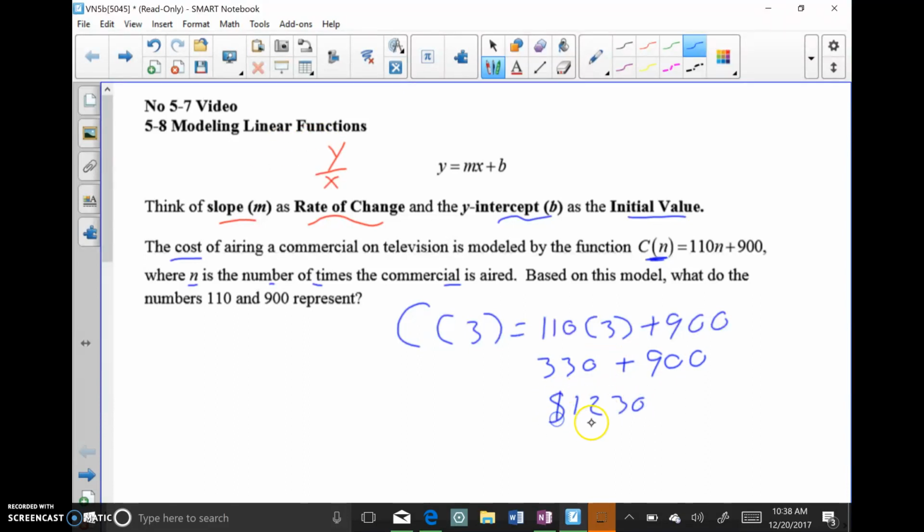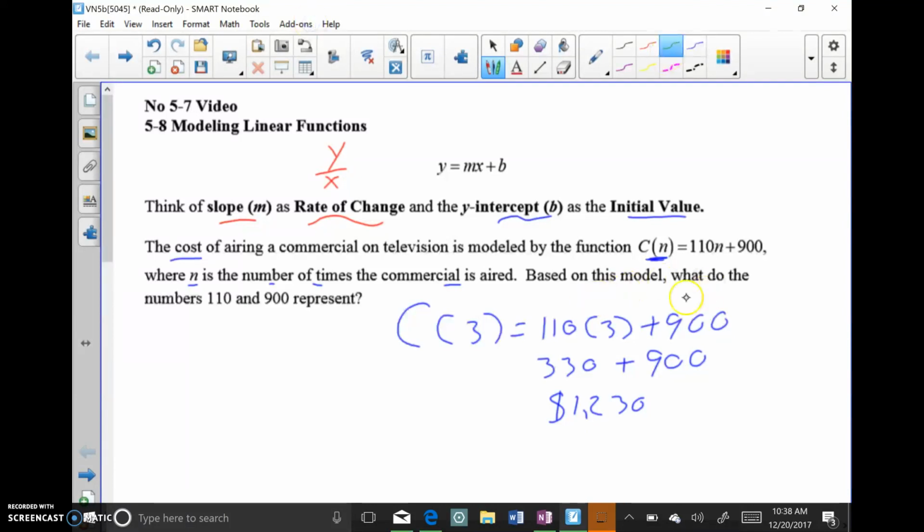So it would cost $1,230 to air my commercial 3 times. So this formula gives me the cost of how much it is to air a commercial based on how many times I want it aired, n.